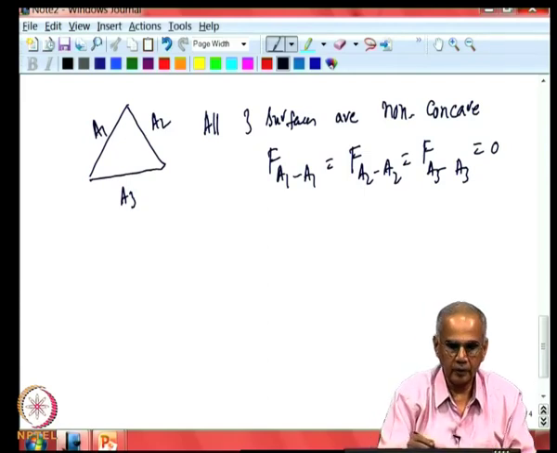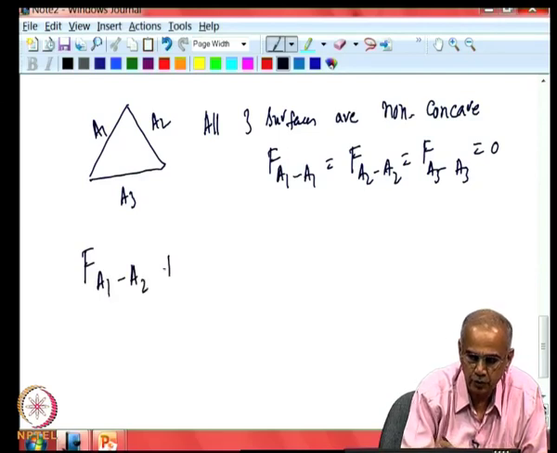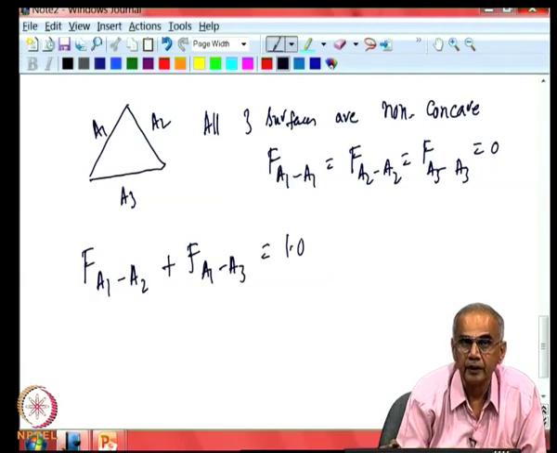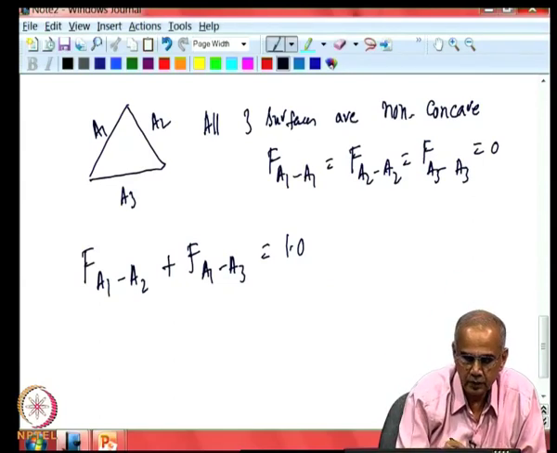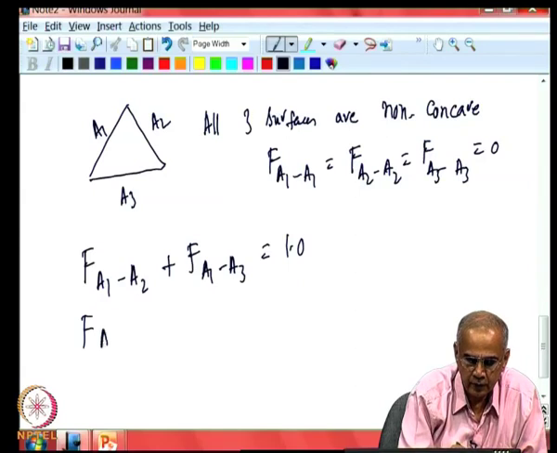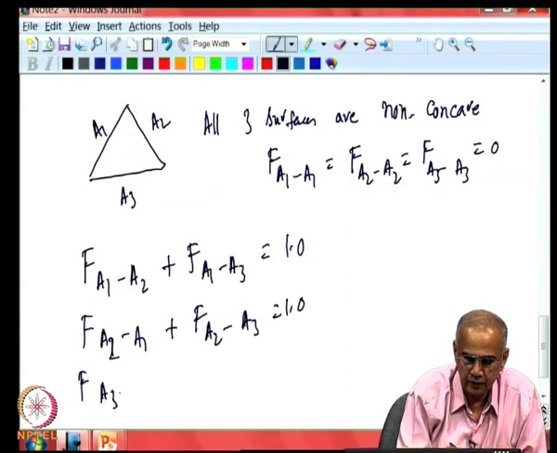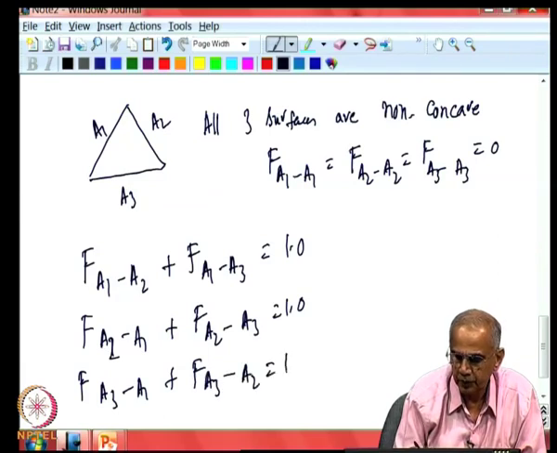So, they do not see themselves. Now, let us write down the first law for each case. The radiation leaving surface 1 reaching surface 2 or surface 3 equals 1 by the first law, because whatever leaves 1 has to reach 2 or 3, there is no other way, and this dimension is infinity. Similarly, F A2 A1 plus F A2 A3 equals 1, and of course, F A3 A1 plus F A3 A2 equals 1.